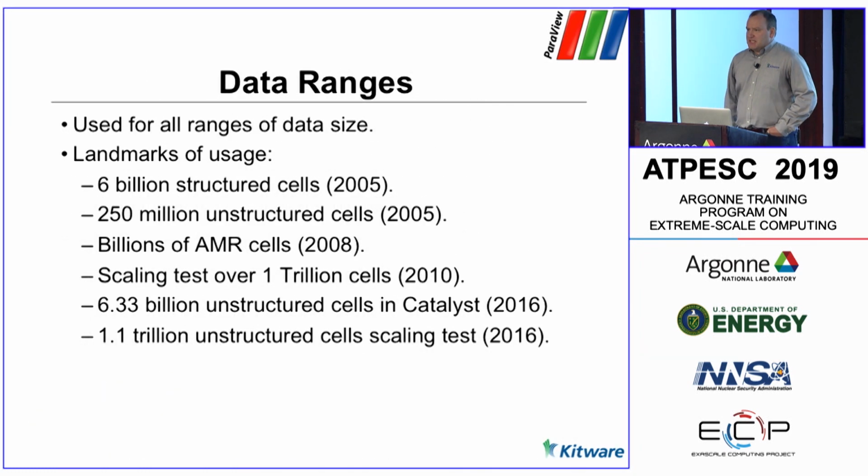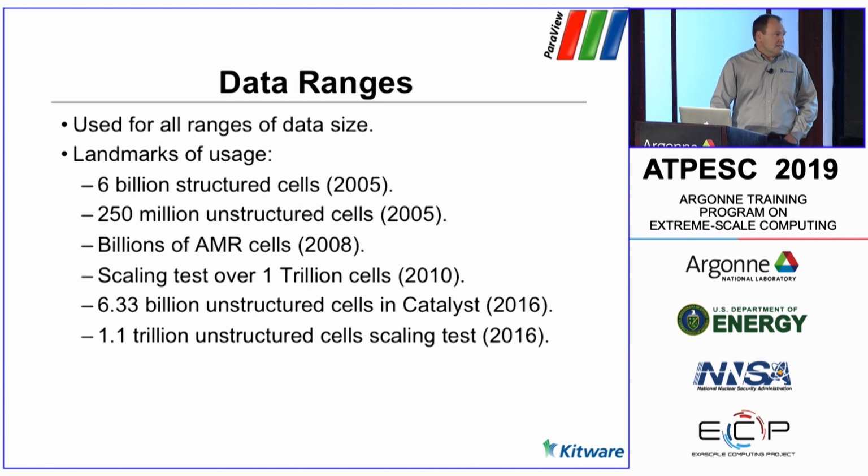So when I say it's scalable, what am I talking about? These are some of the past landmarks for ParaView usage. Back in 2005, it was a big deal to do 6 billion structured cells. Now these days, you can do 6 billion cells in structured format on a decent desktop. Wouldn't be too problematic.